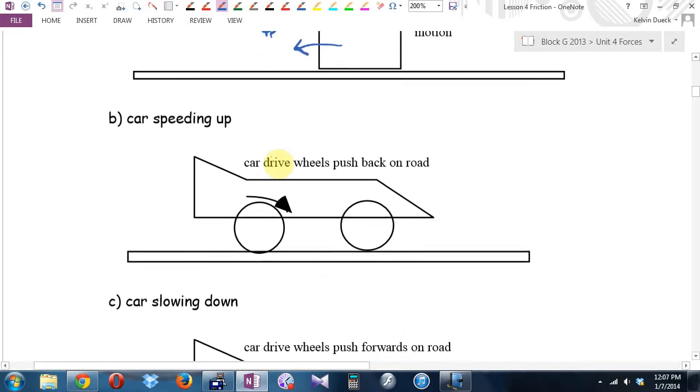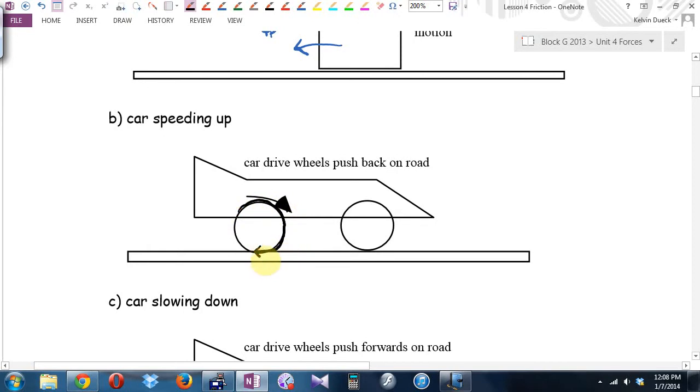What about for a car speeding up? Well, you really have to think about what's happening. The most common mistake I see, and in fact, I've even seen teachers make this mistake, is they say, oh, the car's going forwards, so friction must be that way. Actually, you have to look at the tires. The tire is rotating this way.